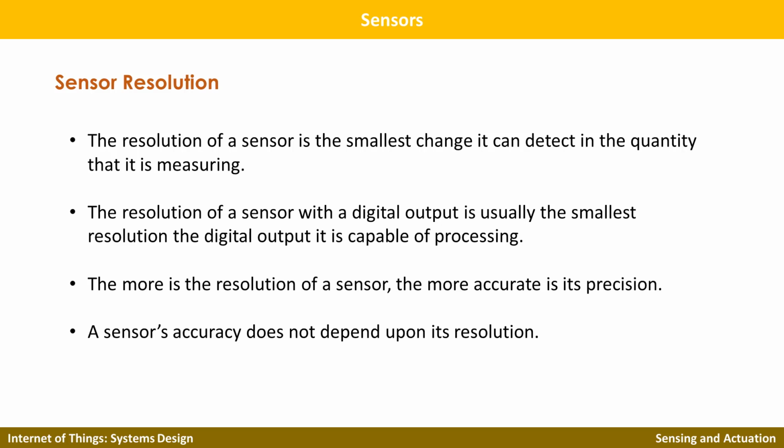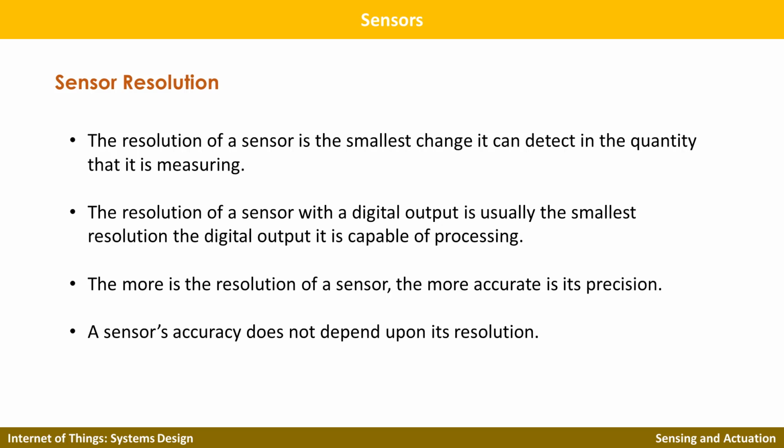So basically, if you are measuring temperature, it might have one decimal digit like 27.1 or 27.15, and the smallest increment it might measure could be 0.1 or 0.01.